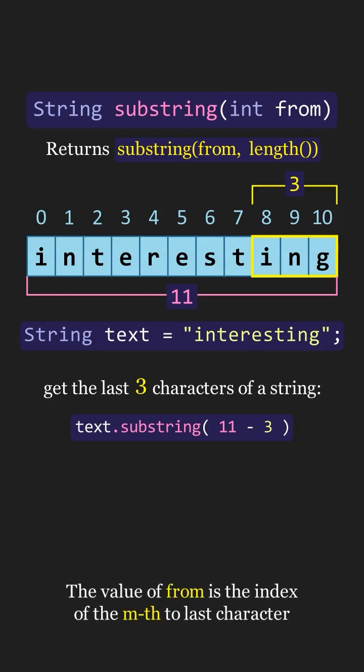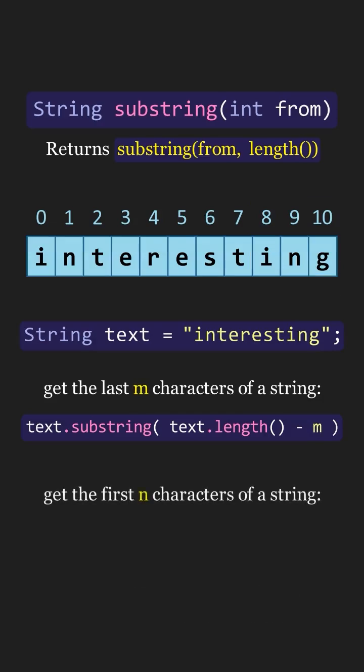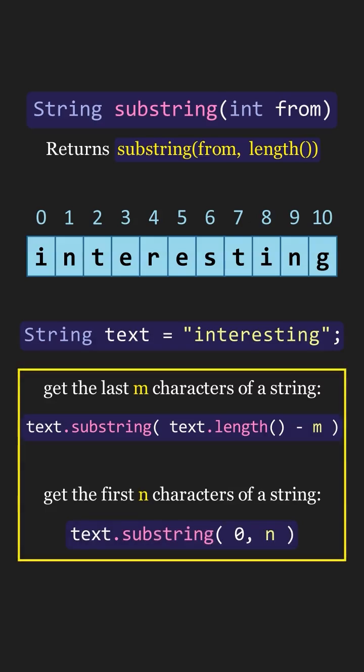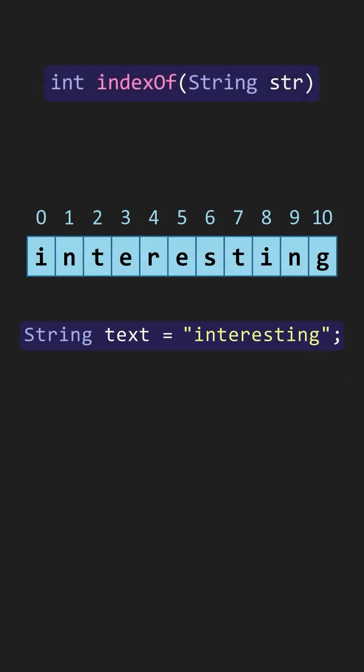The value of from is the index of the m-th to last, length minus m. Similarly, we can get the first n characters of a string by text.substring from 0 to n. Super important, remember it.